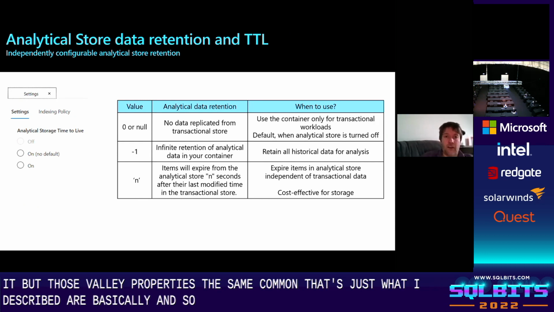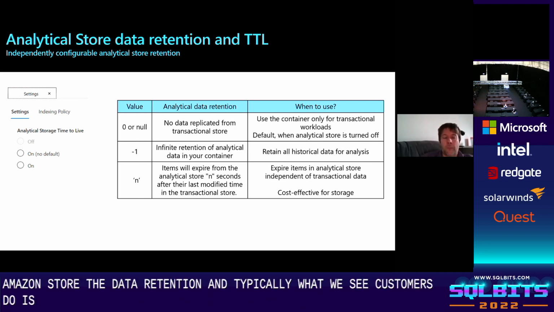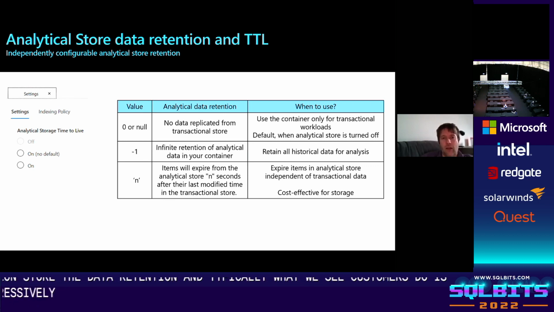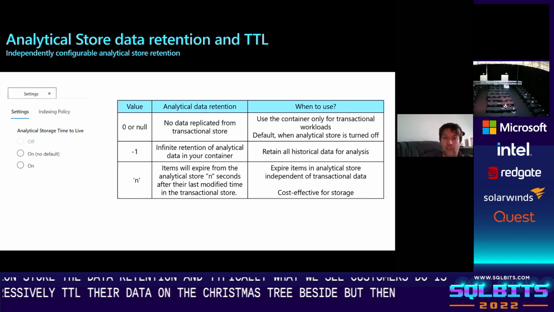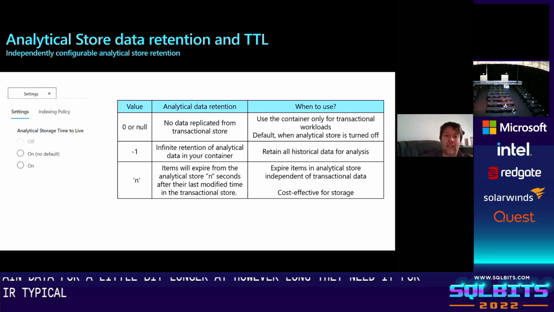Of course, we have time to live in the analytics store for data retention. And typically what we see customers do is aggressively TTL their data on the Cosmos DB side, but then retain data for a little bit longer, however long they need it for their typical analytics lifecycle, in the Analytics Store.